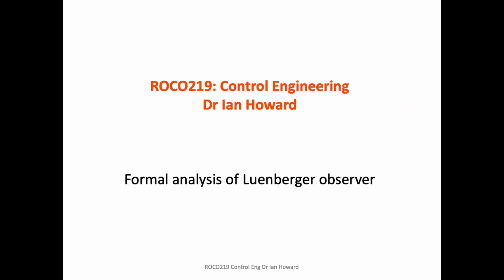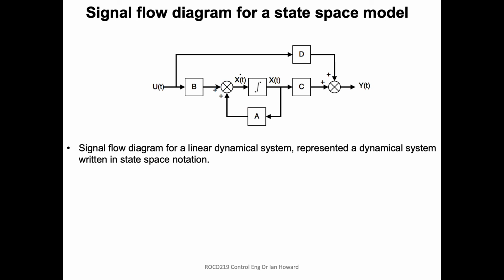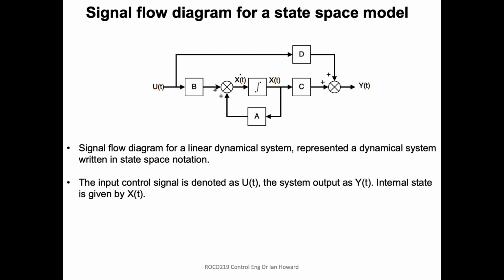Let's now think about a formal analysis of this kind of simple feedback observer, and it's called a Luenberger observer after its inventor. We're going to start off in state space model terms, of course, by looking at what a state space model looks like again.